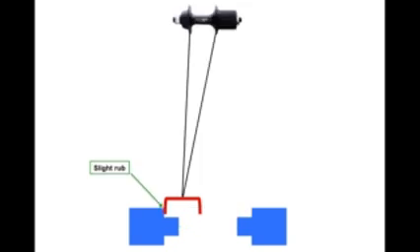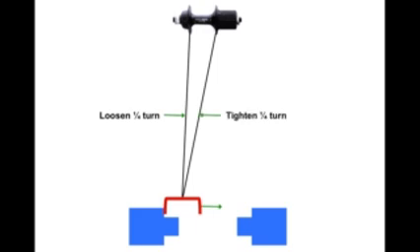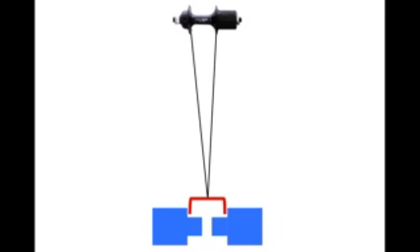It's very likely that at some point the slight rub will move to the left side, in which case you simply loosen a quarter of a turn where the rub is, and on a spoke going to the opposite flange, tighten 1/4 turn. Again, we're trying to preserve the roundness of the wheel. At some point, you will be satisfied that the left or right movement of the rim is very, very tiny and that the wheel is still round.